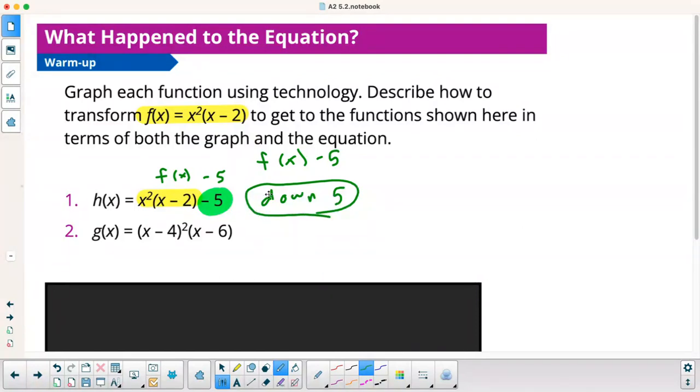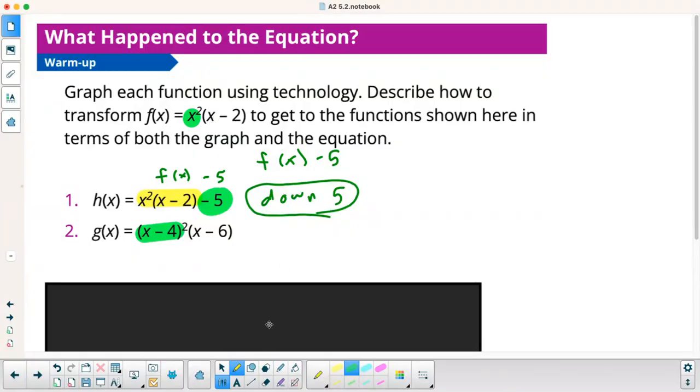Okay. And now this one's a little bit harder to see, but if you look here, at the original here, we have x squared. So think of this as your x squared, but it's like I subtracted 4. And then here, this is x minus 2. It's almost like I subtracted 4.